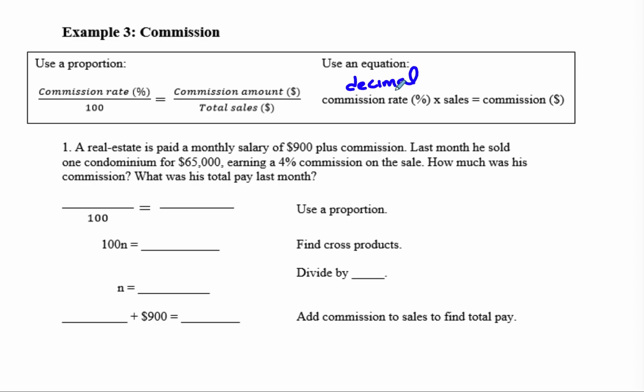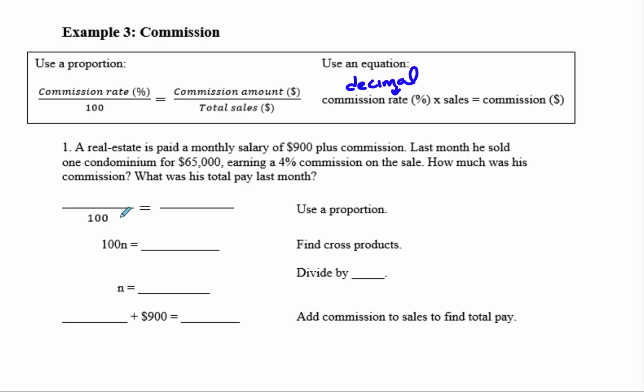On a proportion, you don't have to worry about that, but on an equation, you need the percent in decimal form, times your sales, which is the whole, equals the commission, which is your part. All right, so I have a proportion set up here. I'm going to read through the problem, and then you're going to pause it and try it on your own. It's the same as the last one, except using the words commission instead of sales tax.